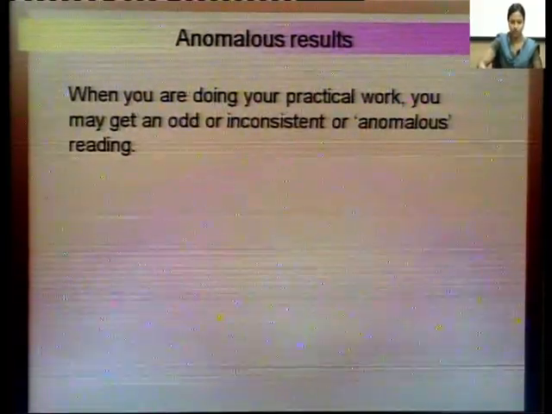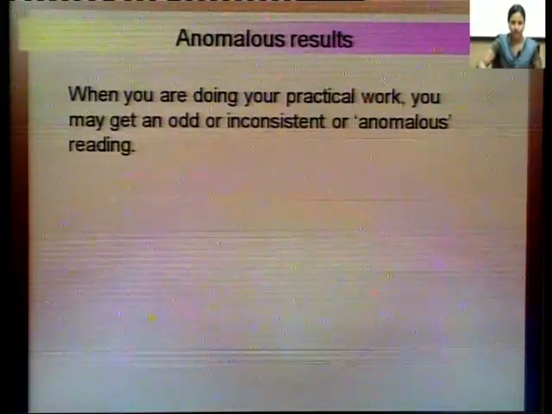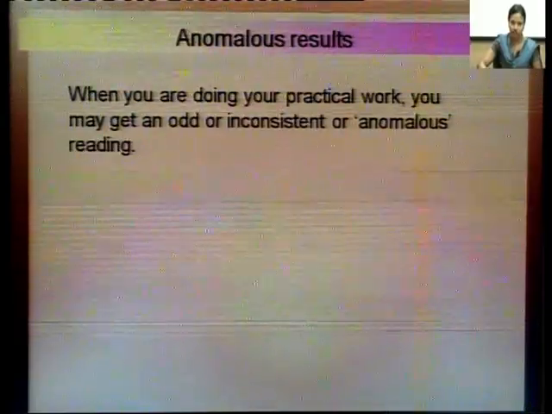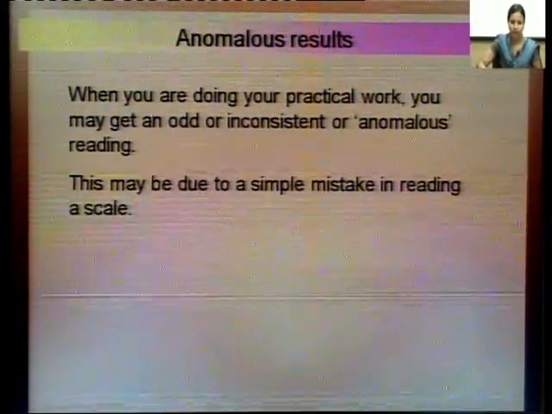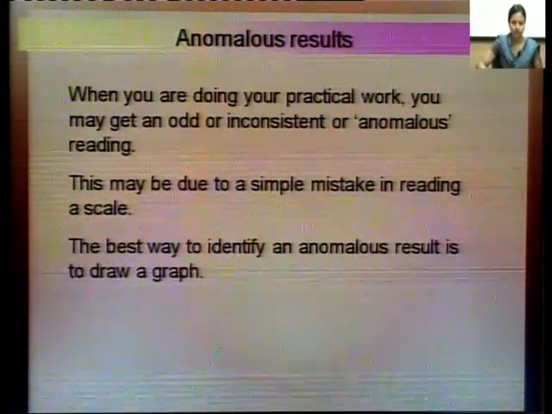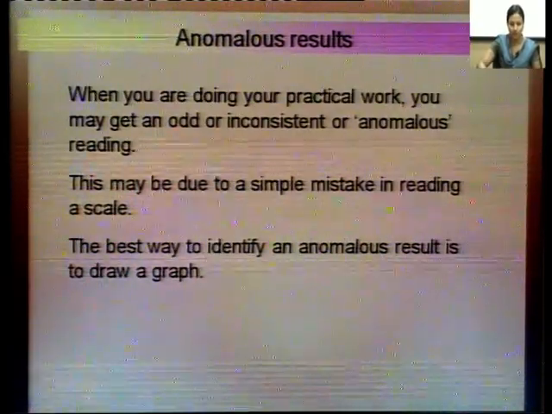Anomalous results will come when you are doing your practical work; you may get an odd, inconsistent or anomalous reading. This result may be due to a simple mistake in reading a scale. The best way to identify an anomalous result is to draw a graph.